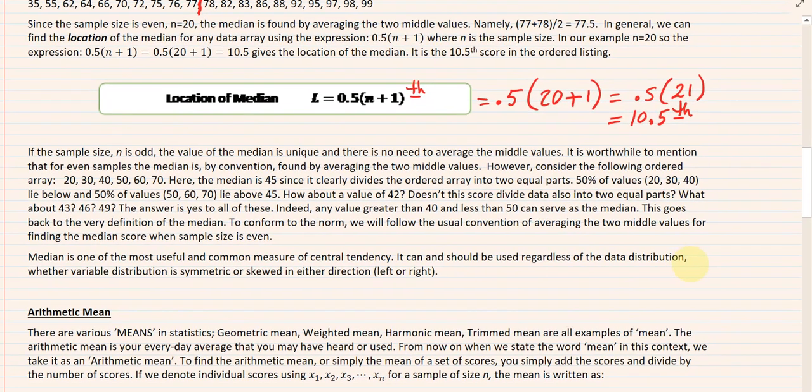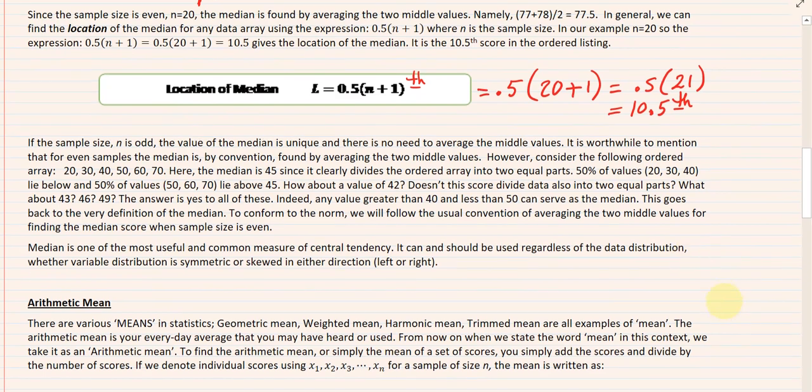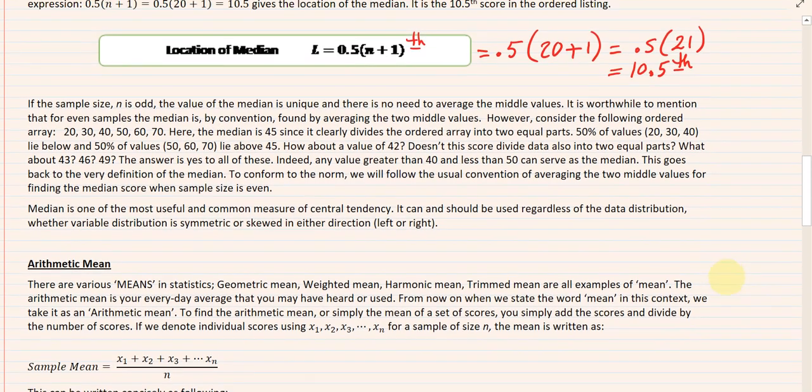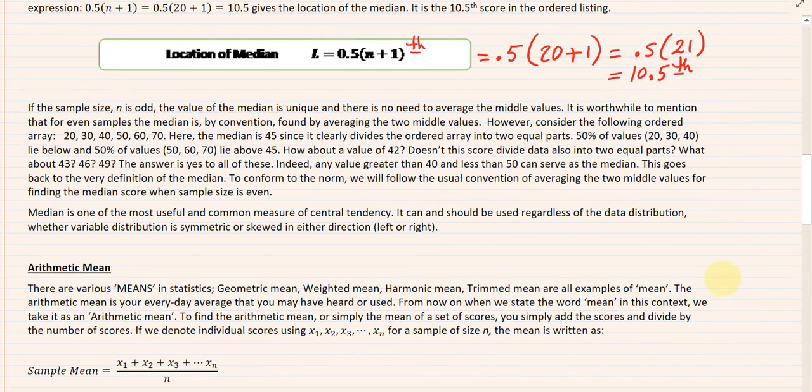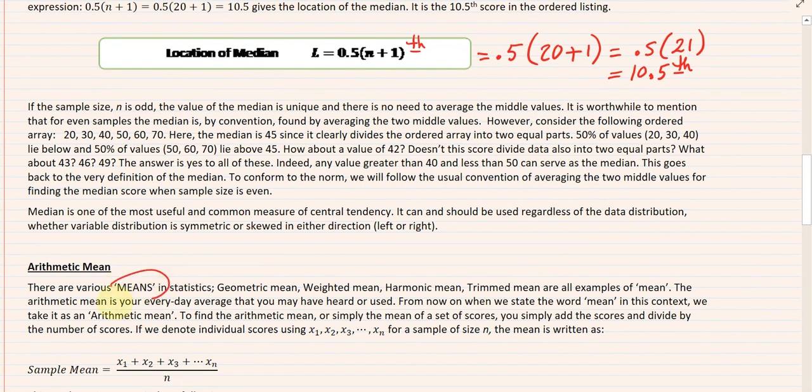So let's take a look at our next measure of central tendency, which is the arithmetic mean. There are actually quite a few means or averages in statistics, and I have some listed here. We have the geometric mean, the weighted mean, the harmonic mean, the trimmed mean, and all these kinds of interesting means.